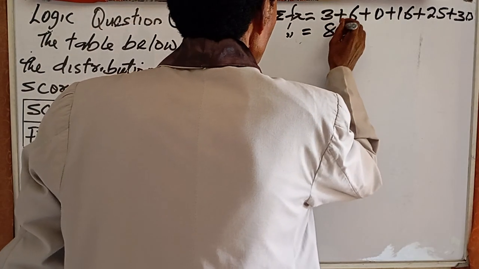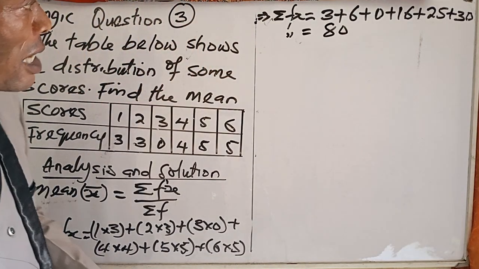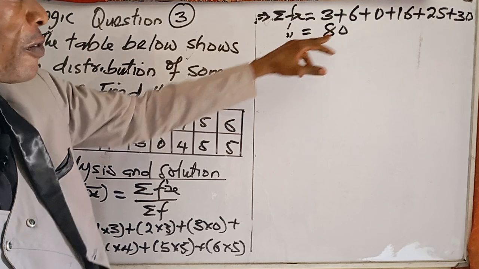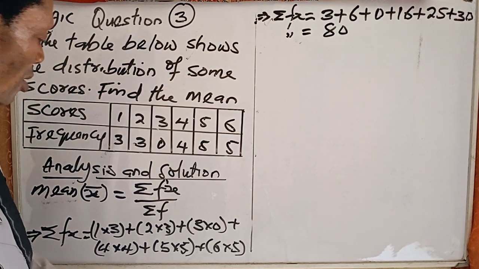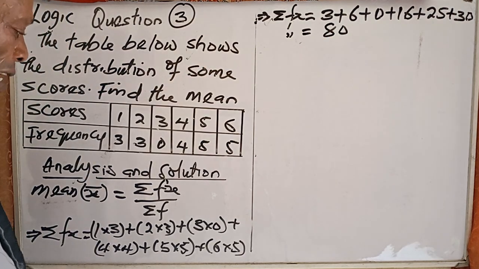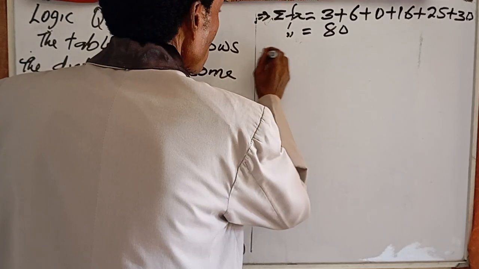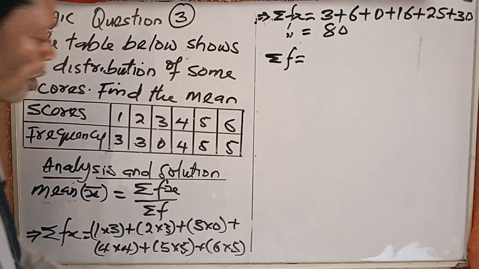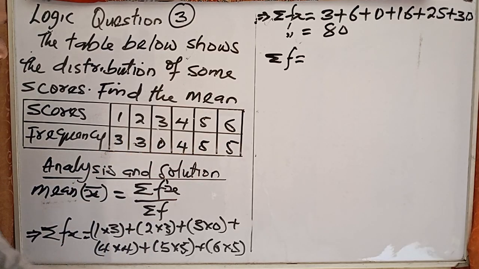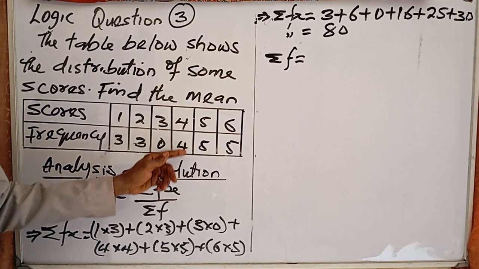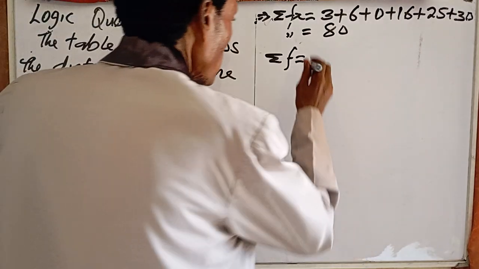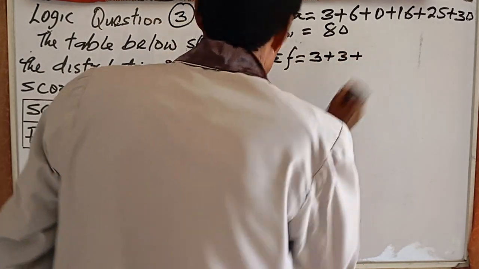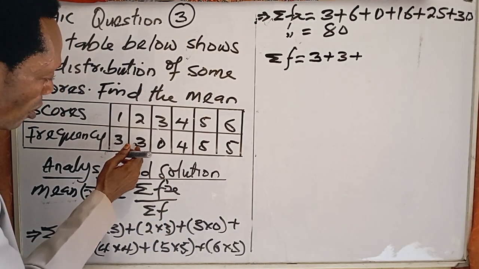So we've been able to get the sum of the product of frequency and each value to be 80. So let's consider sigma f, which is the sum of the frequency. It means that we have to add the frequencies together, and that is 3 plus 3 plus 0 plus 4 plus 5 plus 5.